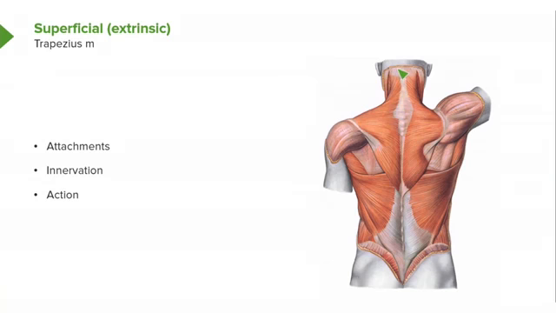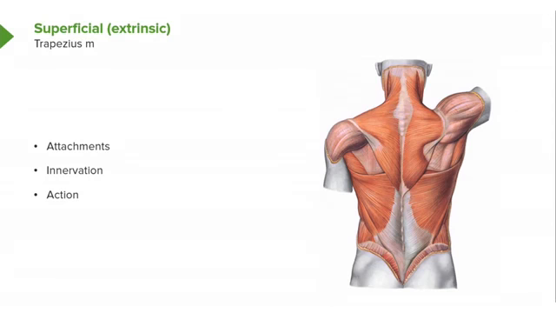It will then proceed laterally to that protuberance and attach to the superior nuchal line. It will also originate along the ligamentum nuchae, and then the spinous processes of C7 and then T1 all the way down normally to the level of the spinous process of T12.